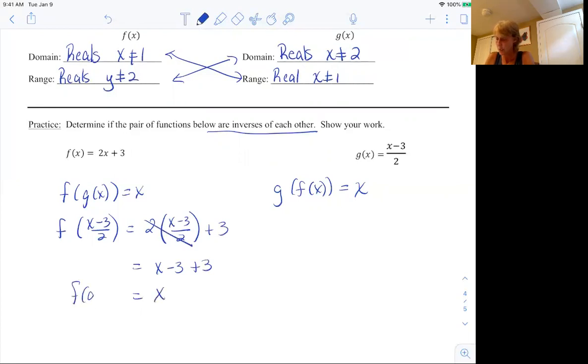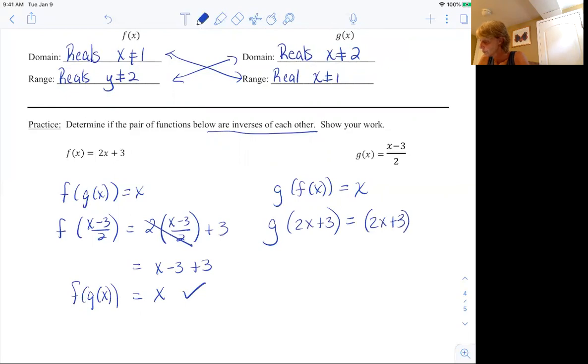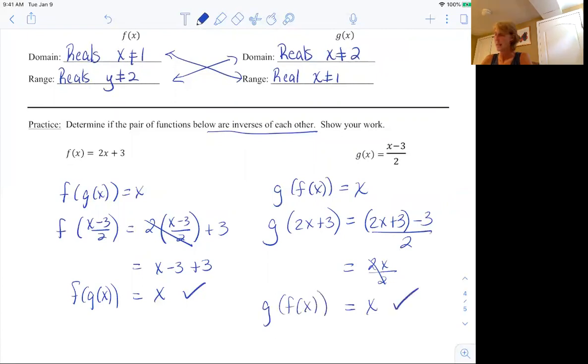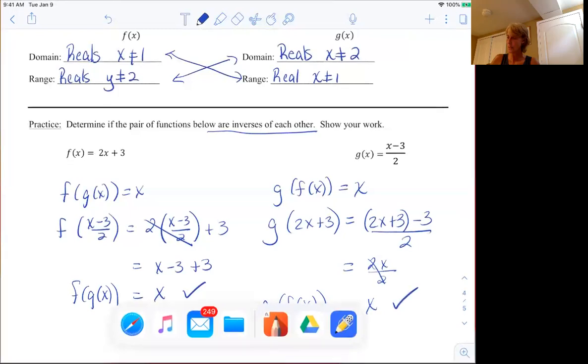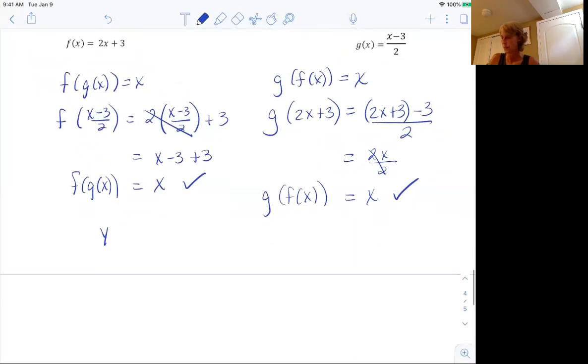Right, so that's that side. And then we'll do g of f of x. And that's that side. So yes, f of x and g of x are inverses.